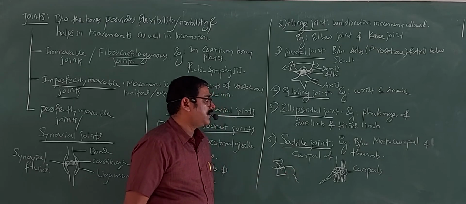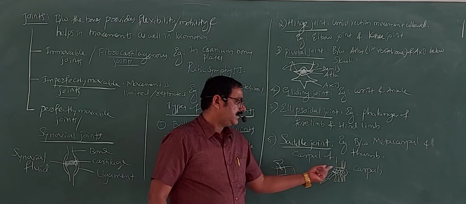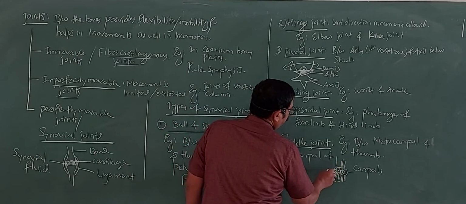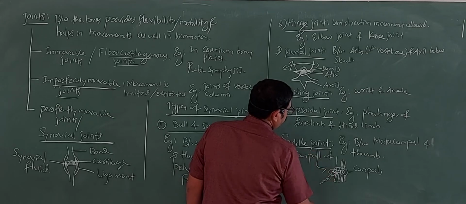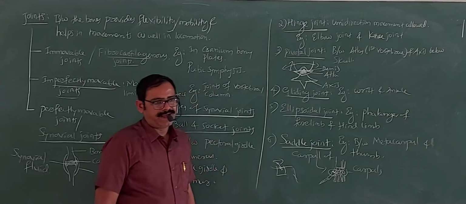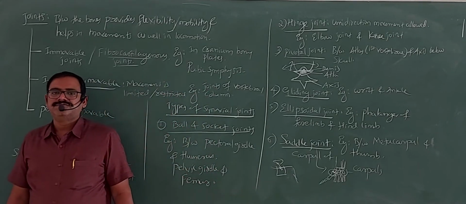So this kind of joint found between the metacarpal and carpal of the thumb is called a saddle joint. The movement is right and left, front and back. These are the well-known 6 types of joints.